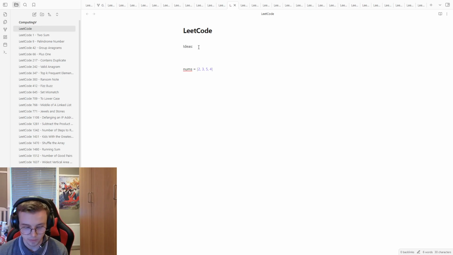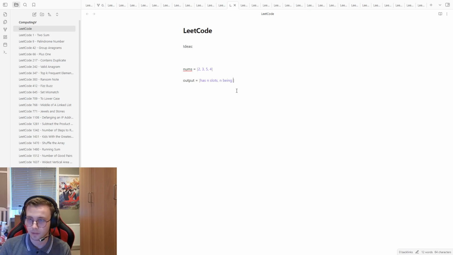The only problem I can foresee is that it has to be O(n). We're going to have to have an output that has the same amount of slots as nums, so 4 slots, or n slots, n being the amount of nums.